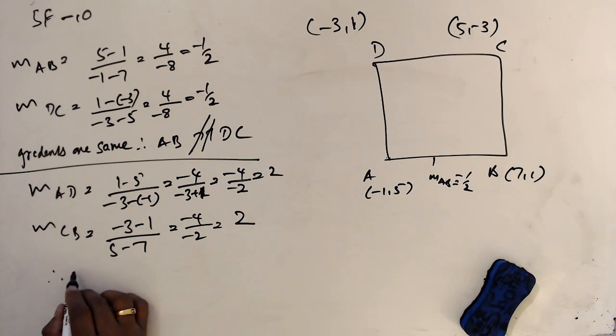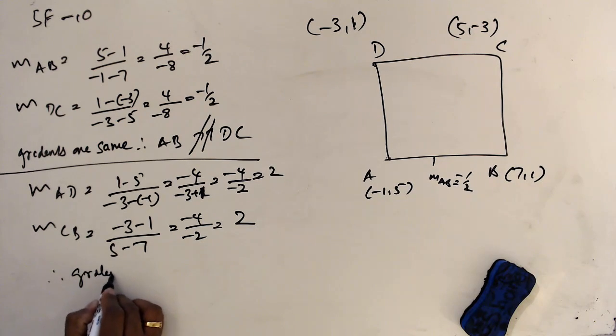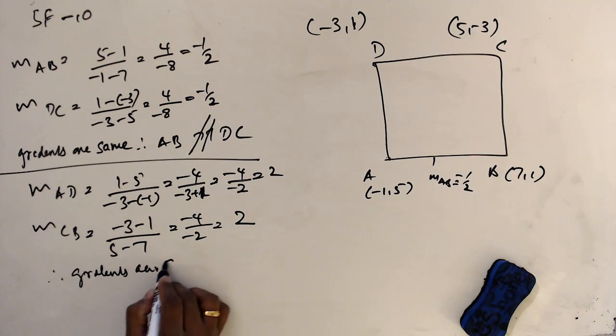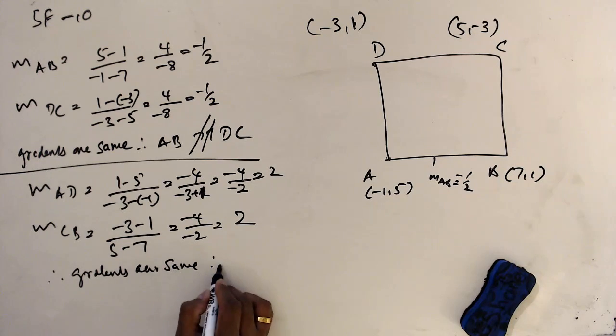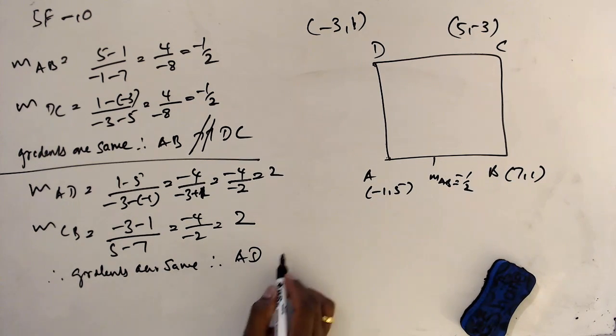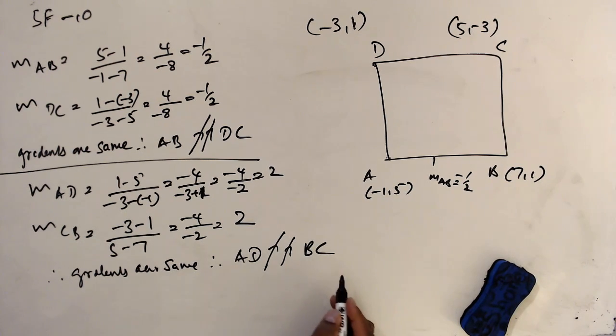Hence, the gradients are the same. Hence, AD is parallel to BC.